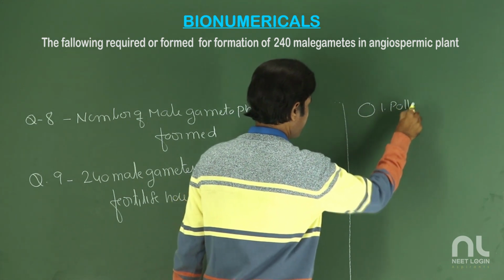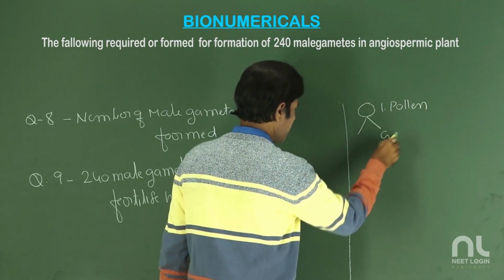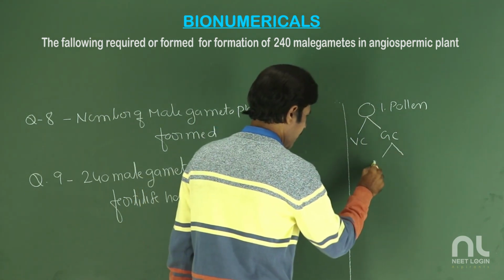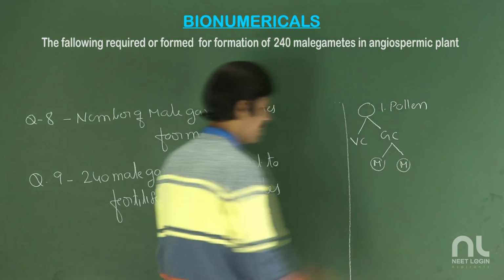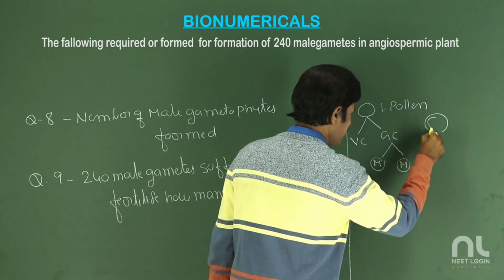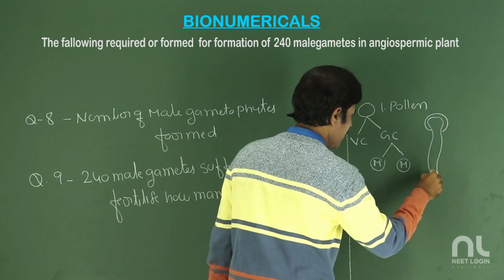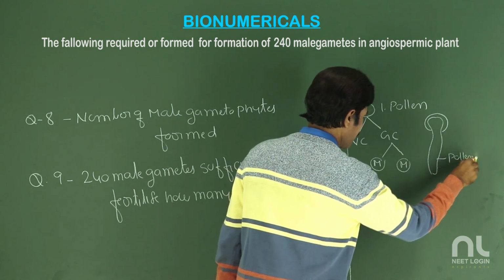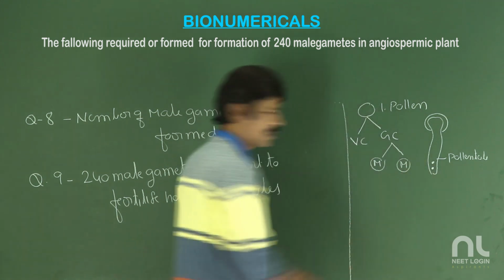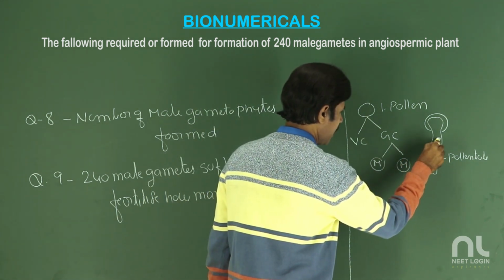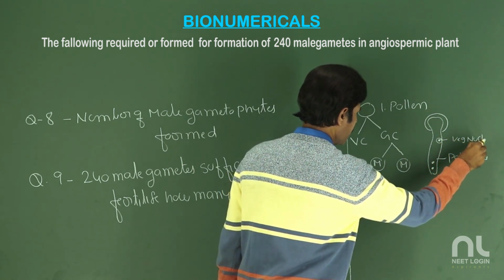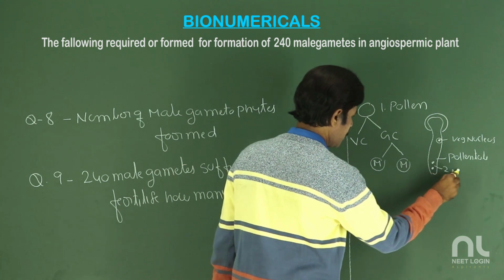One pollen divides to form a generative cell and a vegetative cell. It divides to form how many male gametes? 2 male gametes. The pollen which germinates into a pollen tube has how many male gametes? 2 male gametes, and a vegetative nucleus.